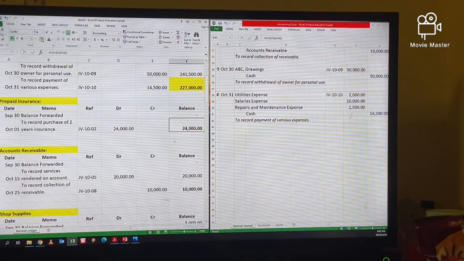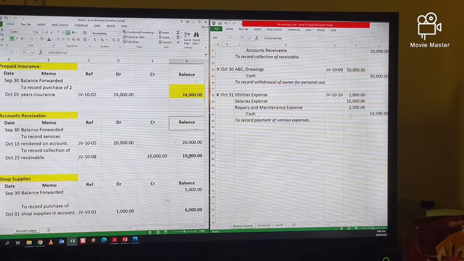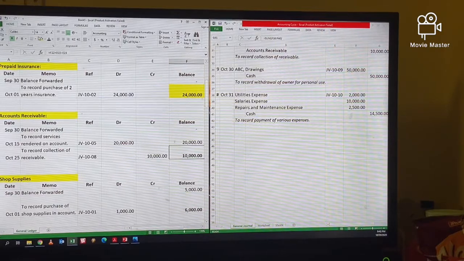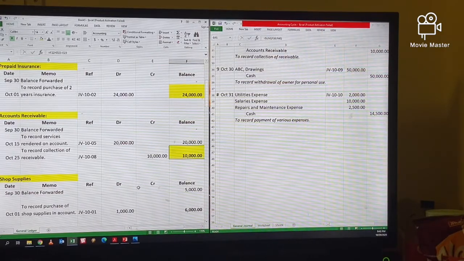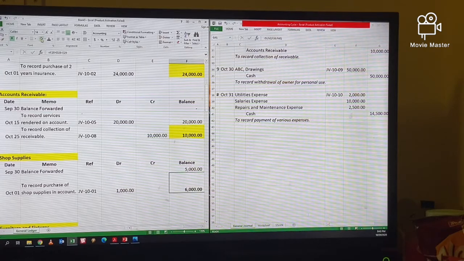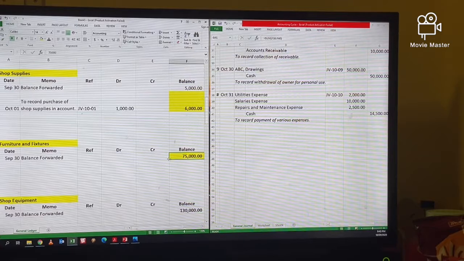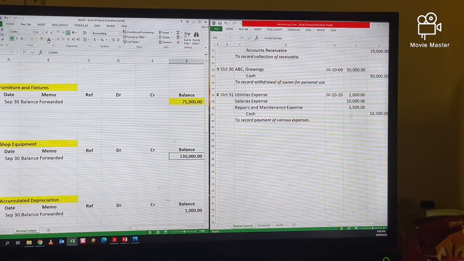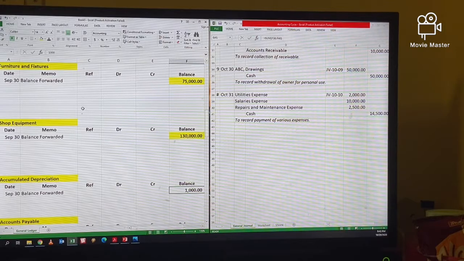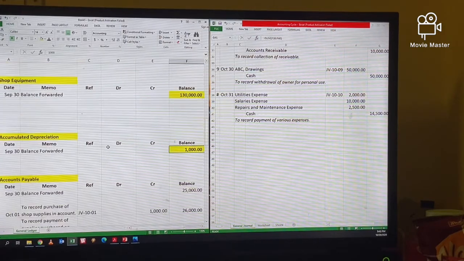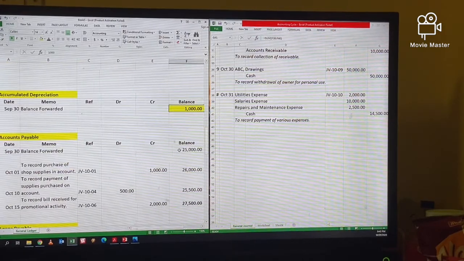For prepaid insurance, 24,000. Accounts receivable, 10,000. Shop supplies, 6,000. All of these are debits because they are assets. Furniture and fixtures, 75,000. Shop equipment, 130,000. Accumulated depreciation, 1,000.